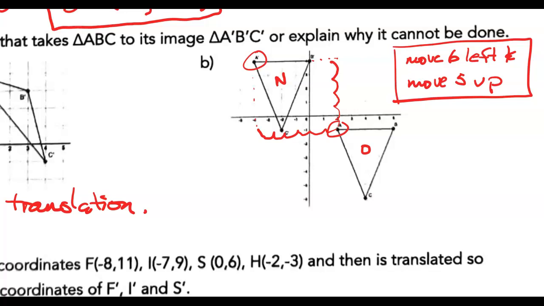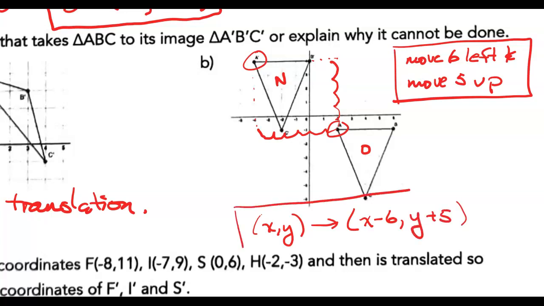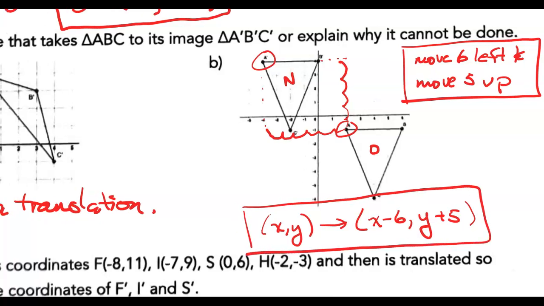So remember, in symbols, we're going to start out with x comma y, which stands for our original points, become, and then 6 left, so that's -6, so x minus 6 comma, and then move 5 up, so we're going to add 5 to the y's, y plus 5. So this would be our rule in symbol form, so make sure you know how to do both.